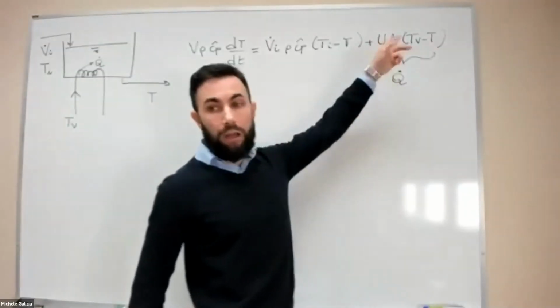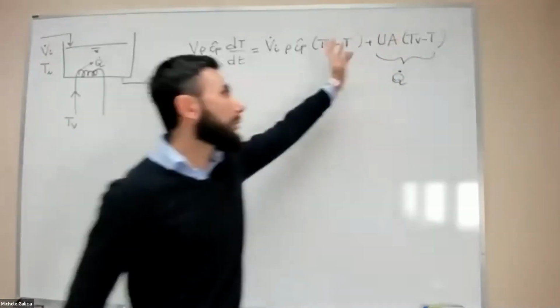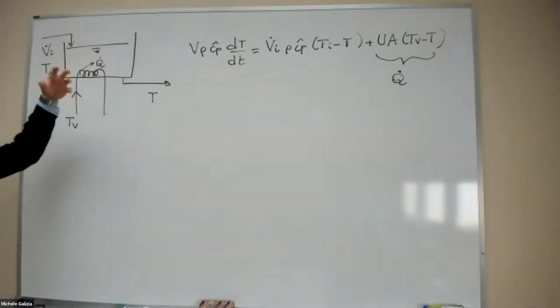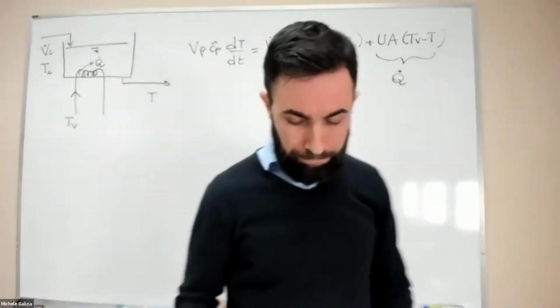U is the overall thermal exchange coefficient. A is the area of this coil, the area of thermal exchange. Make sense for everyone? Yes.